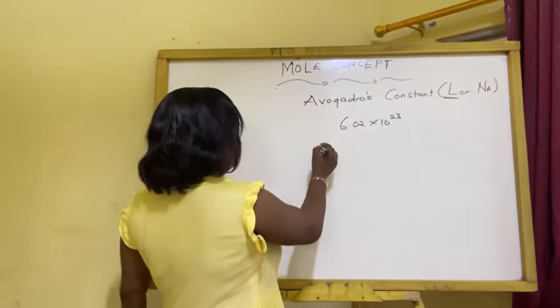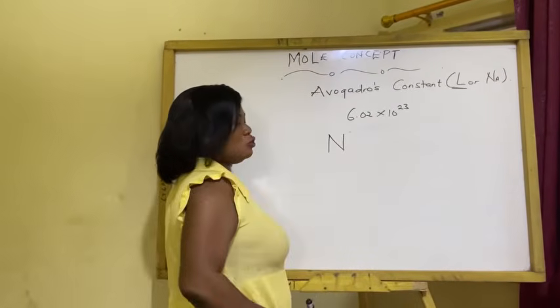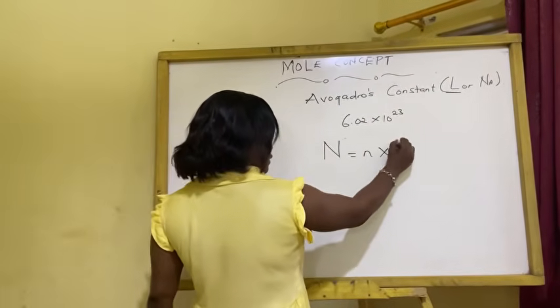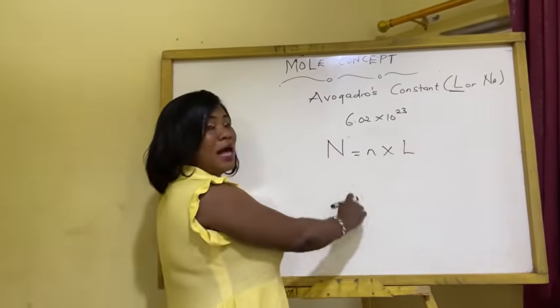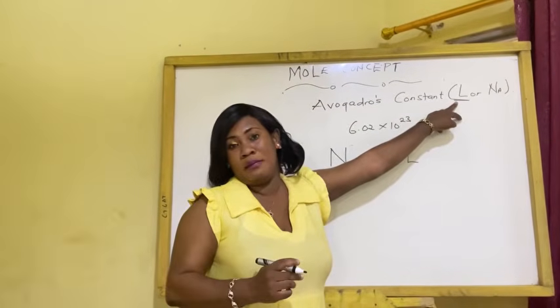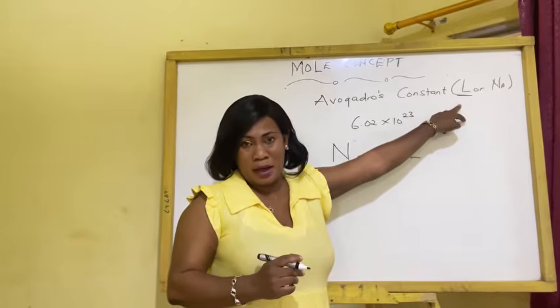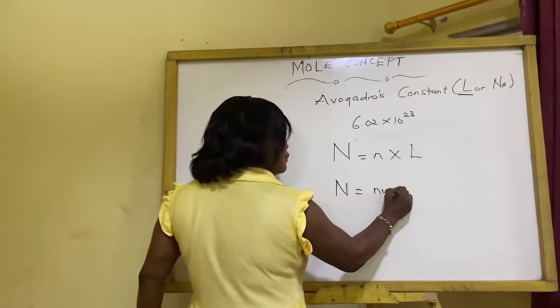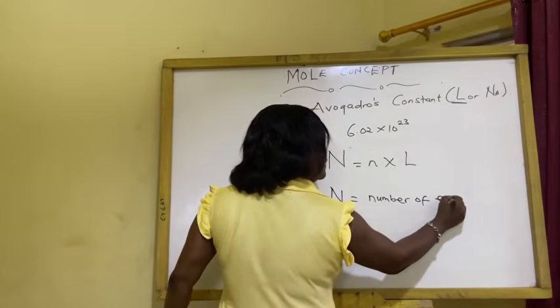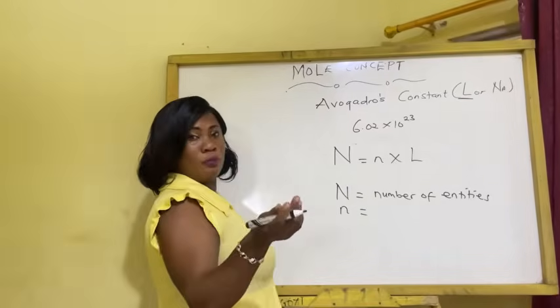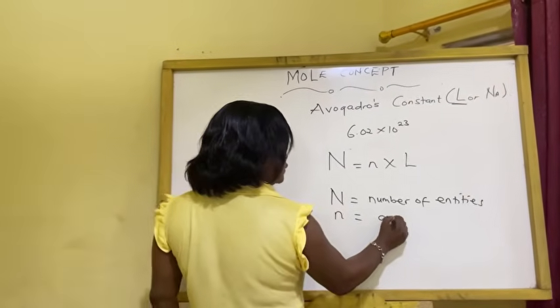When we talk of the Avogadro's constant, this is how it is related to the amount of substance. So the capital N here is no longer this, but rather we are referring to the Avogadro's number or constant as capital L. So this N here is the number of entities. Then our small n, as we know previously, is the amount of substance.